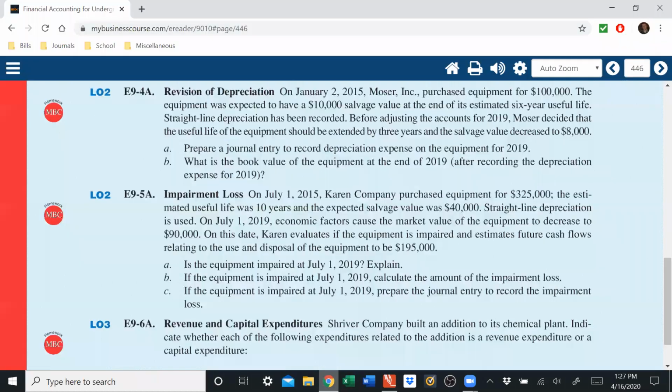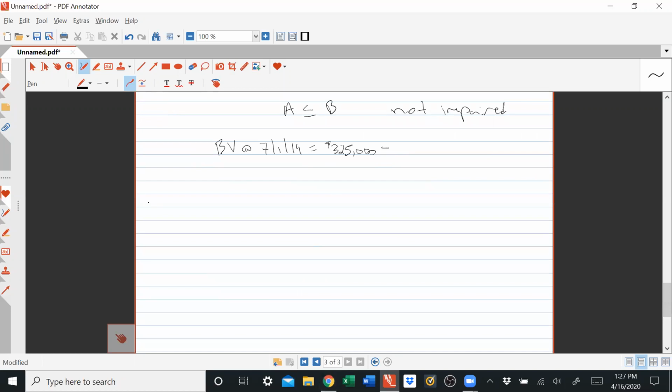Well, to find that, we need to first figure out what's the depreciation expense each year, and then also decide how many years have gone by from when we bought the equipment until this date. So the annual depreciation is just the original acquisition cost minus the salvage value, divided by the useful life.